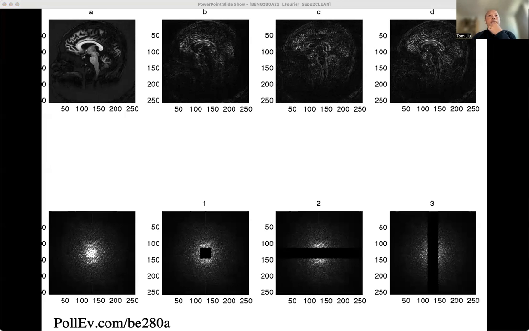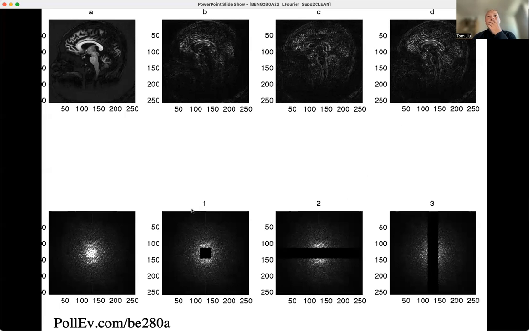So let's talk a little bit about how to do these sorts of problems. So there's three different images here, B, C, and D. Which of these has the most information or details? So just enter into the chat. Is it B, C, or D? Right, so I have one answer. So D does seem like it has the most information, right?